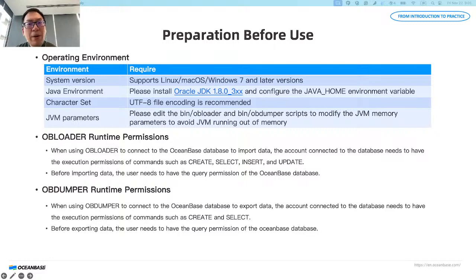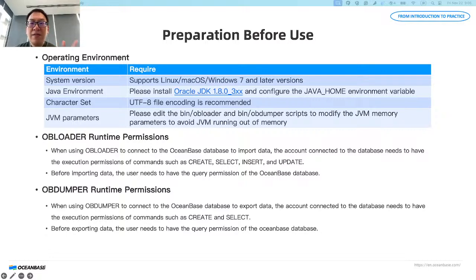When using obloader to connect to the OceanBase database to import data, the account linked to the database must have the execution permission of commands such as create, select, insert, and update. Before importing data, the user needs to have the OceanBase database query permission.